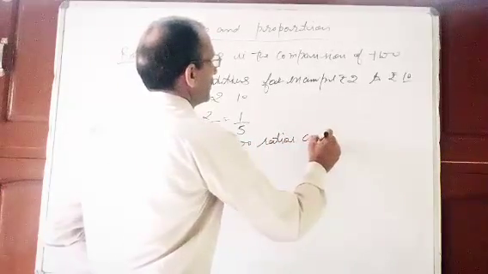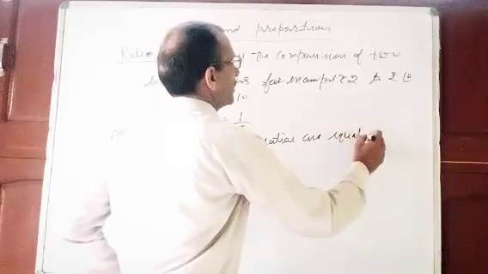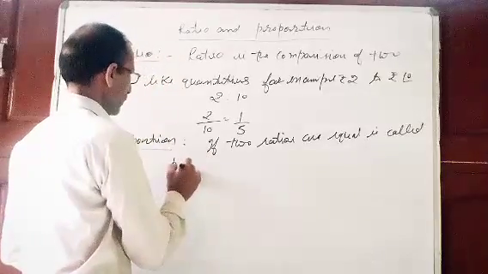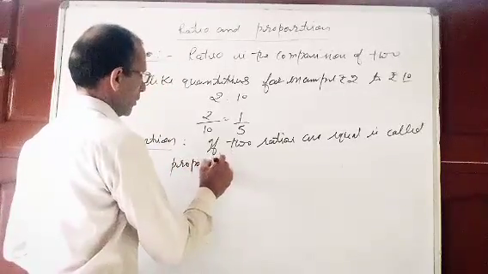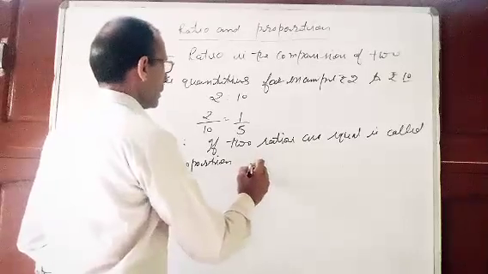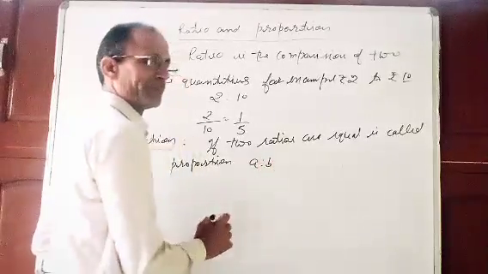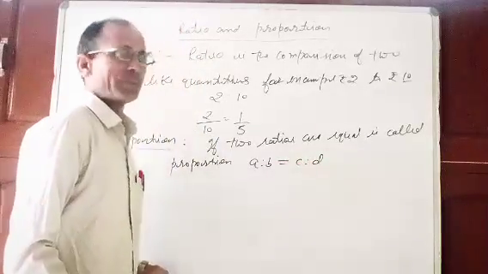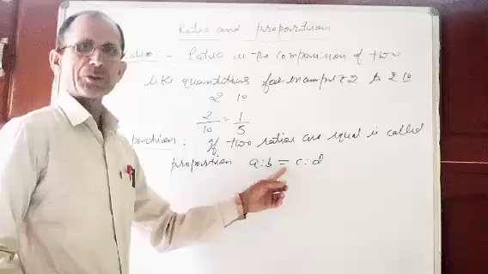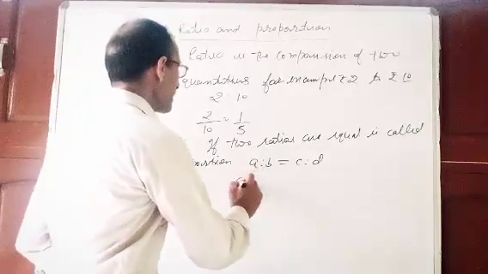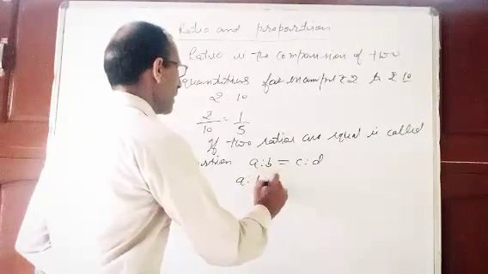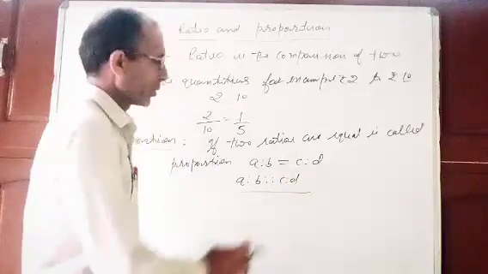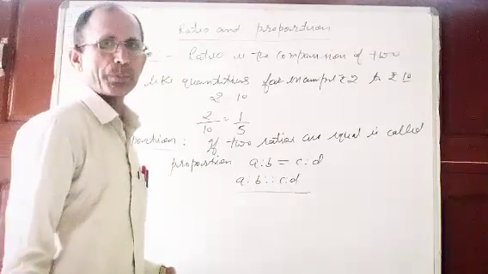A ratio B is equal to C ratio D. It means A is to B as C is to D. So this symbol stands for proportion.